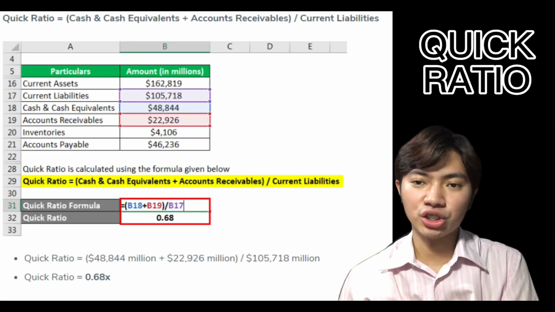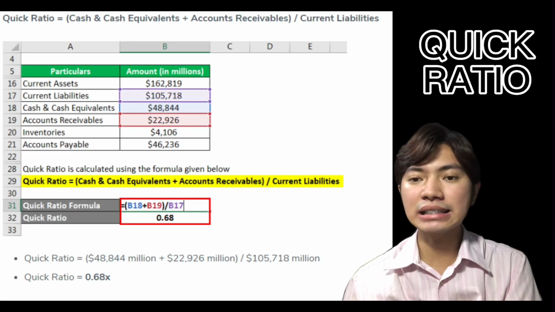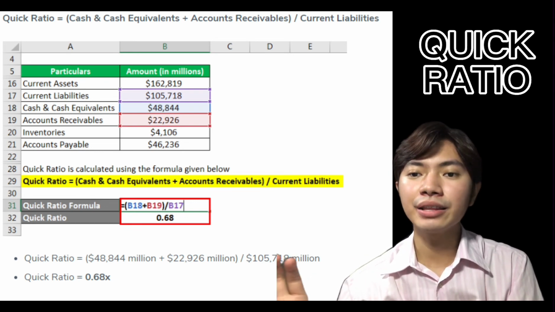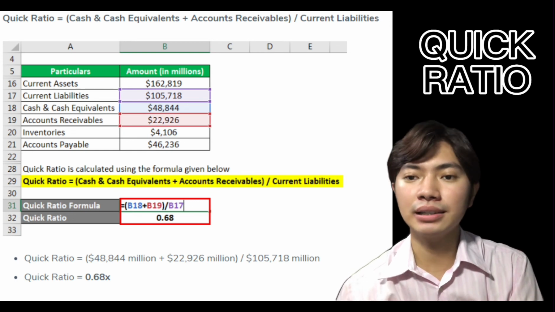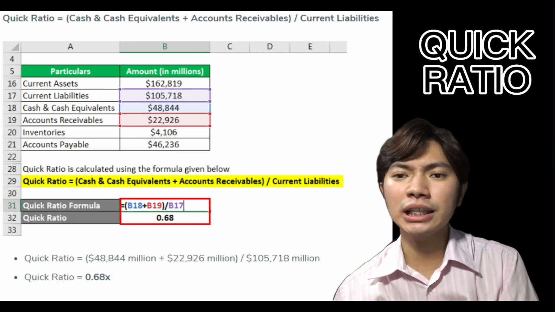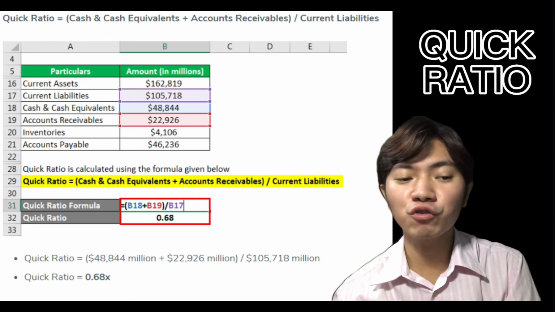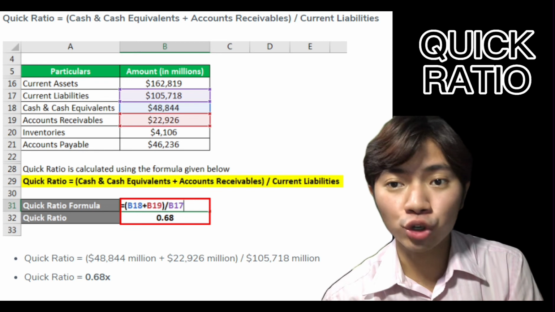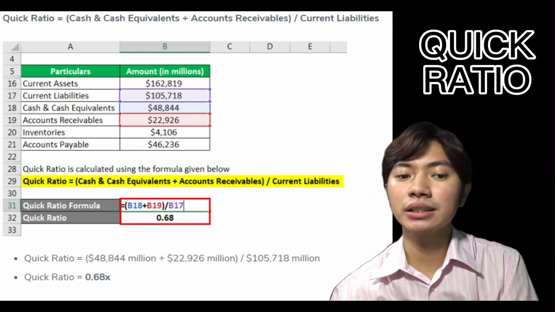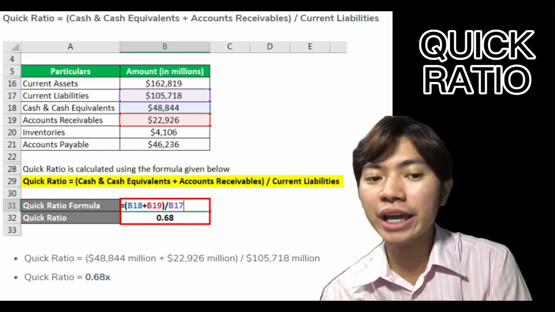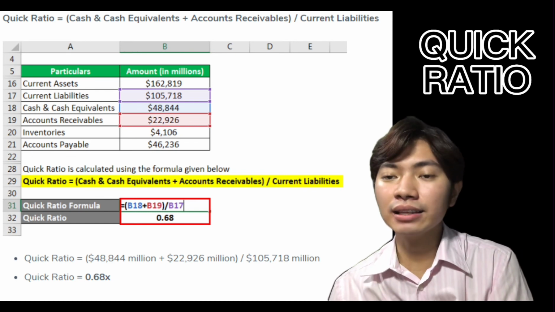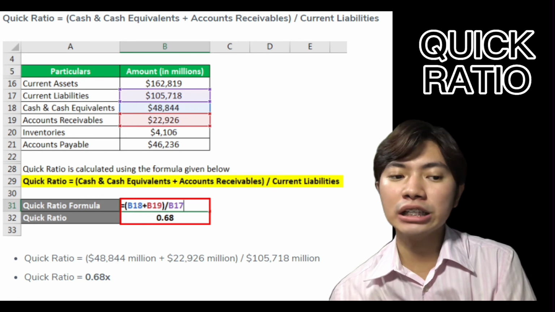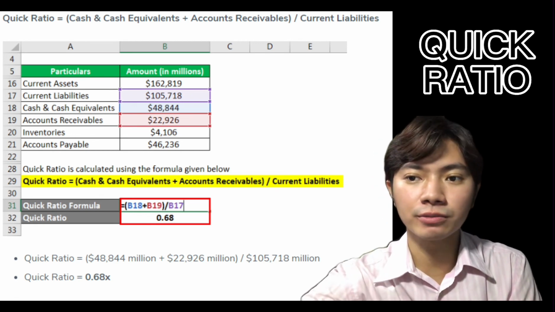Next is the quick ratio, which is the formula of it is the cash and cash equivalents plus accounts receivables divided by current liabilities. So sa example natin, makikita natin na meron tayong $48,844,000 divided by $105,718,000 na current liabilities na ang makukuha natin quick ratio is 0.68.